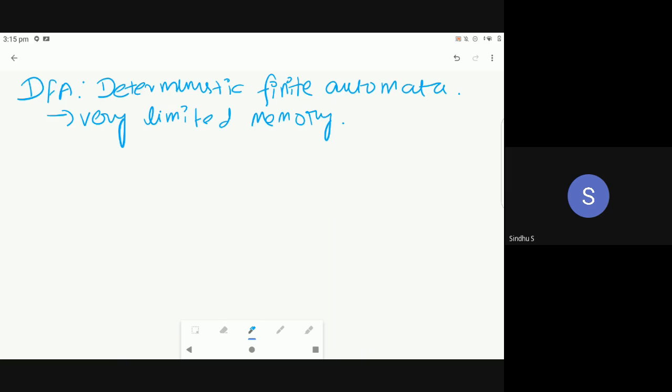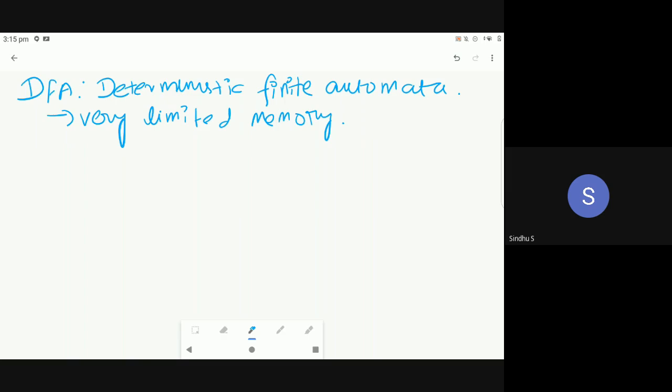Since we have only limited memory, we are going to take up a technique of remembering the scanned input. I'll let you know how the machine is going to remember the input. The thing you need to know is that DFAs don't have any enhanced memory.